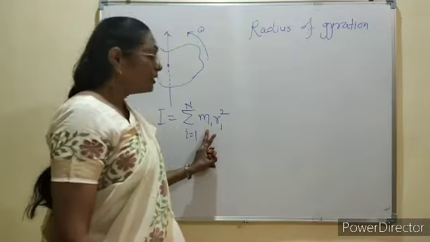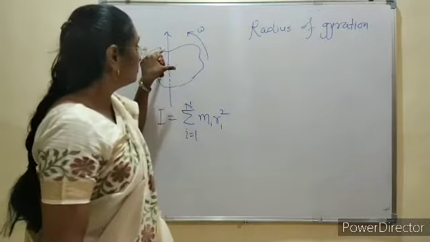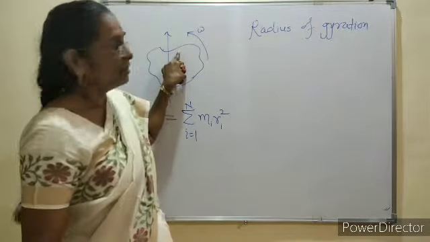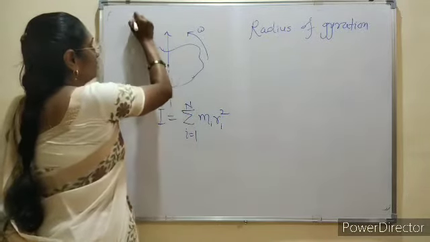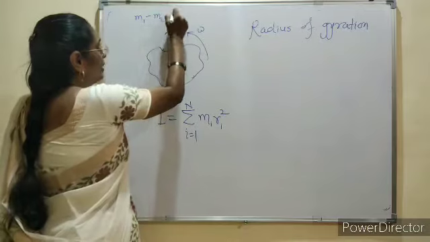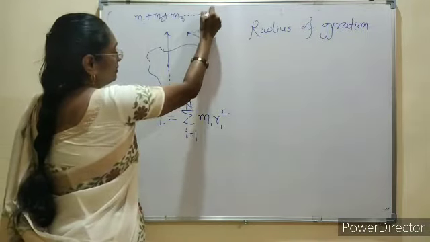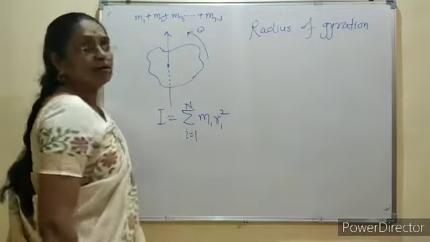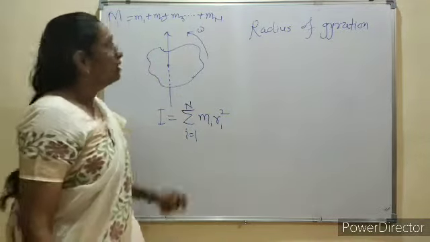Now we have to consider the same mass of the body. As the particles have masses m1, m2, m3, if we add all these masses, then the total mass of the body is m.